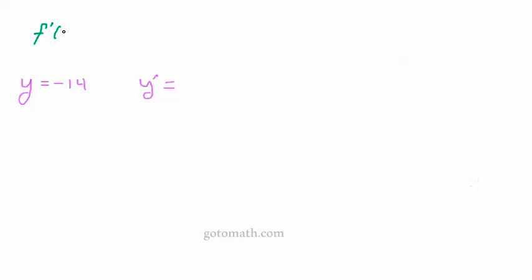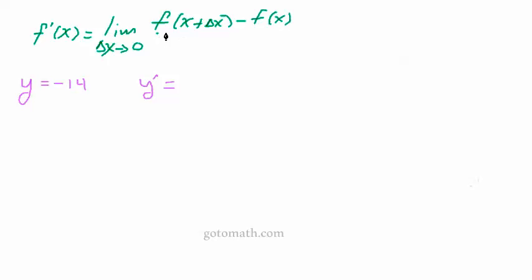F prime of x is equal to the limit as delta x approaches 0 of f of x plus delta x minus f of x over delta x. Now if you've never seen this, click on number 1 there and watch the video.